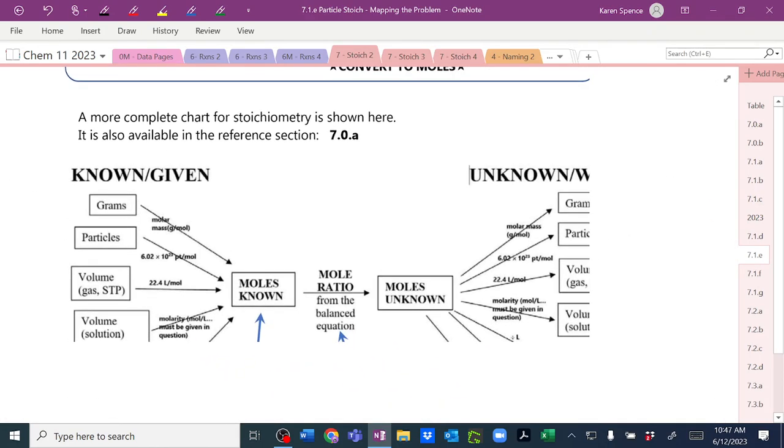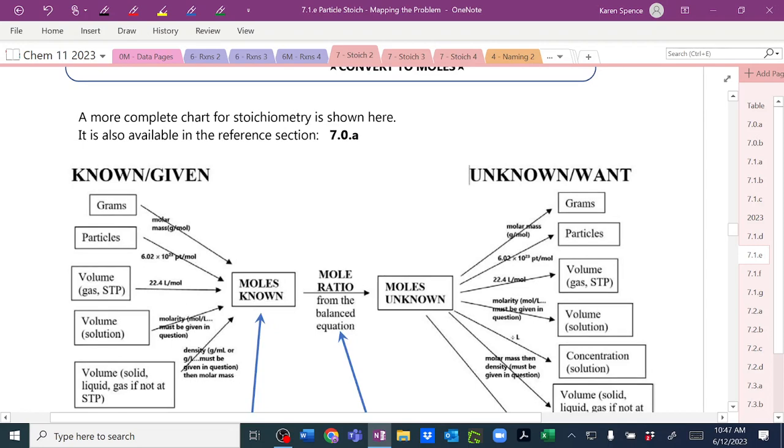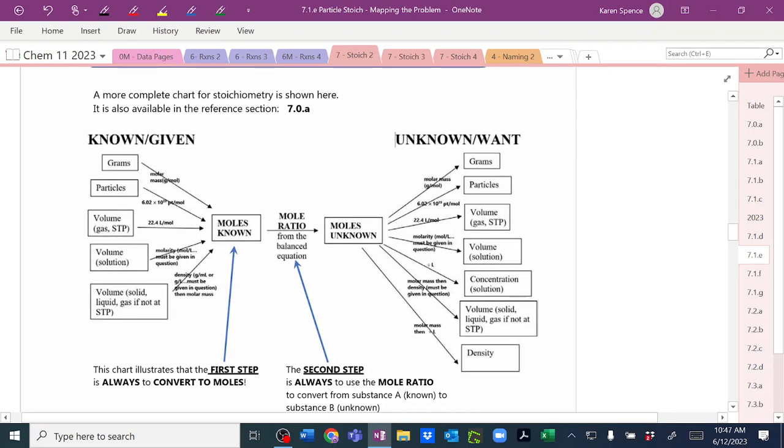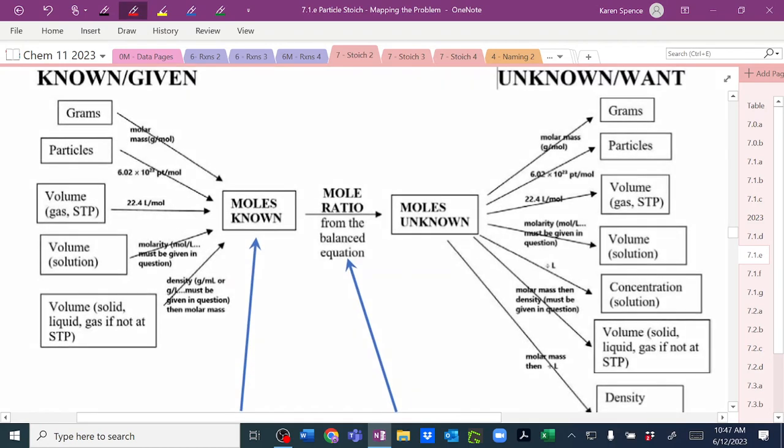Now, here is a complete chart for stoichiometry. I have a copy of this for you, so I'll get that out to you. First step, always convert to moles. If I start with grams, I'm going to use the molar mass.